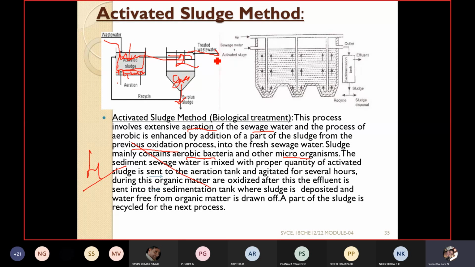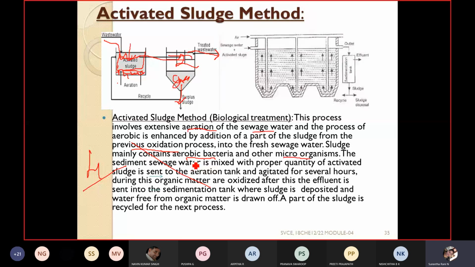This is called tertiary treatment. So this process involves extensive aeration of sewage water, and the aerobic process is enhanced by addition of part of the sludge from the previous oxidation into the fresh water.